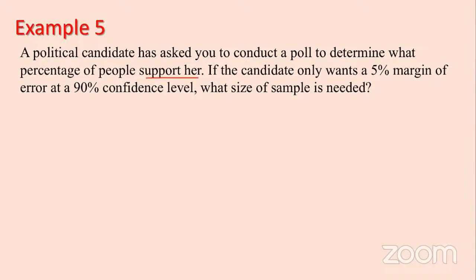When we are getting a supporting population, the meaning of that is P hat must be 0.51. And what will be the Q hat then? 0.49. They should get at least above 50%, right? So that they will be supported. That's why P hat is 0.51, Q hat is 0.49.